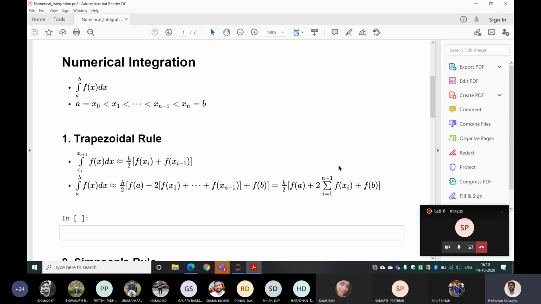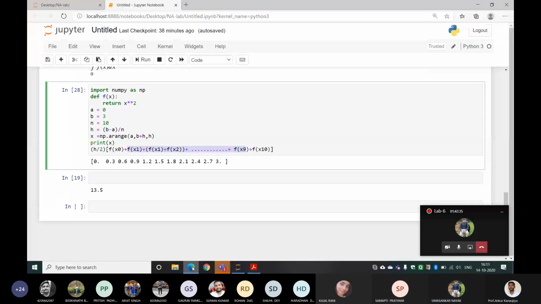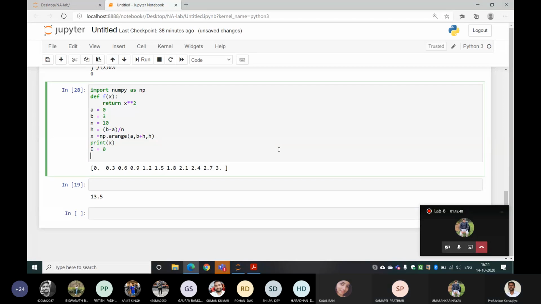So tell me how to do the summation. First, we can initialize, then we use a for loop. Yes, so I will do the initialization. Here I am just removing all those things. So tell me, the initial integration will be 0, right? Yes, sir.